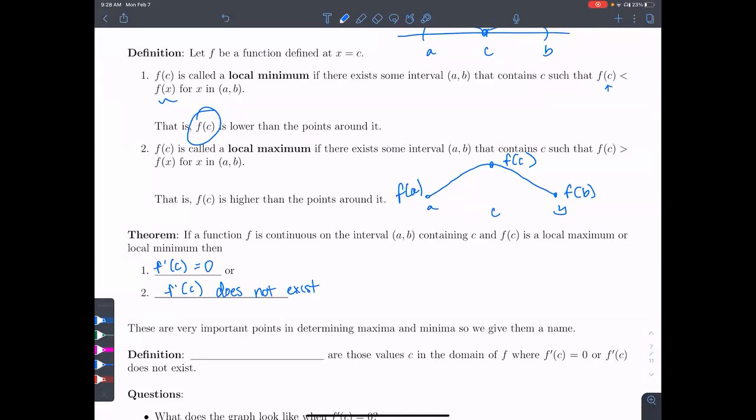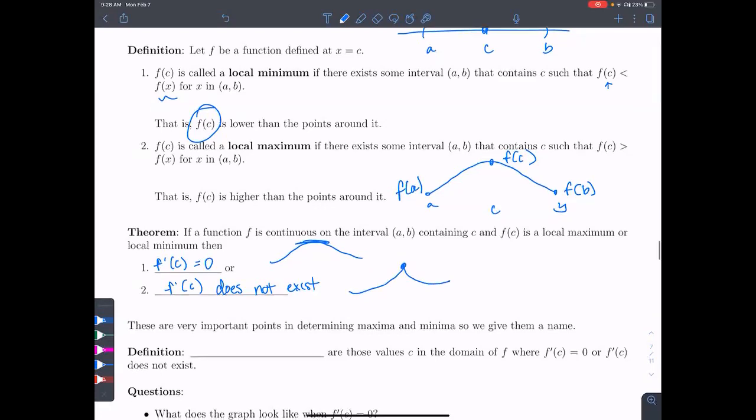So that would be, if f prime was 0, it would be like this. If it doesn't exist, it would be some sort of cusp like that. That doesn't look like a function. Let me redo that. Something like this. So you have that local maximum, and the derivative there wouldn't exist.